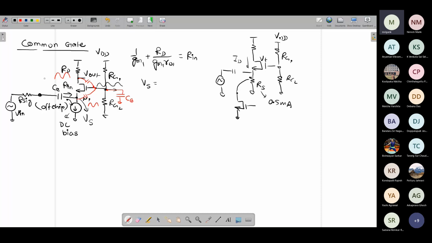So here, if we look at this particular circuit, in order to find out the VS, the source signal, what is the signal coming at the source because of the applied input signal, we need to see what is the impedance above this line that I have drawn, above this partition. What is the impedance offered by that circuit? The DC current source, assuming it to be ideal, is providing infinite impedance, so we can ignore that.